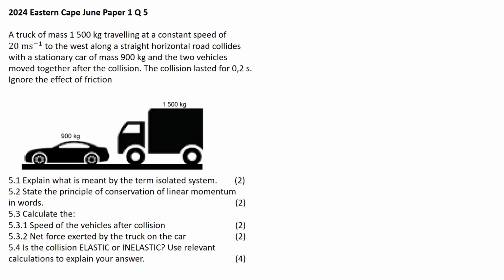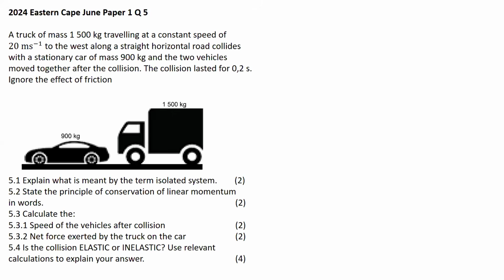The collision lasted for 0.2 seconds. It says, ignore the effects of friction. In other words, when you hear this phrase, they are saying, assume that the system is isolated.